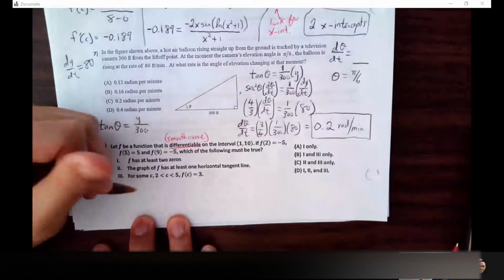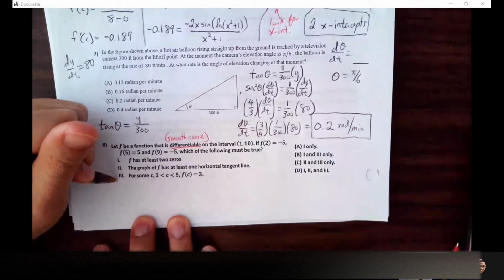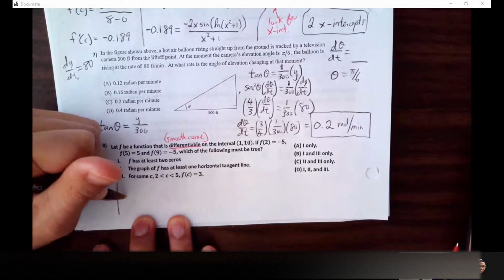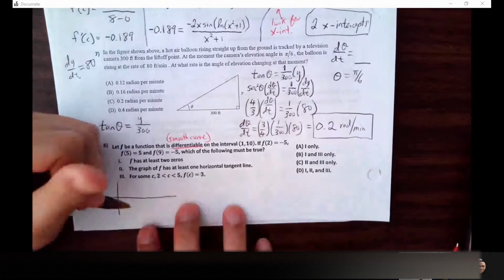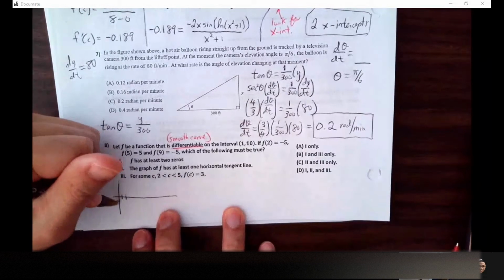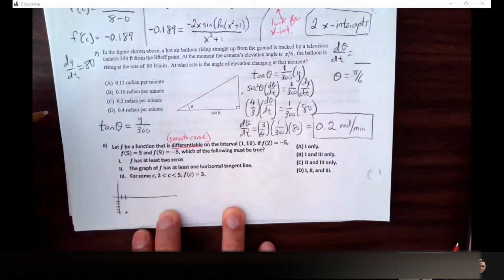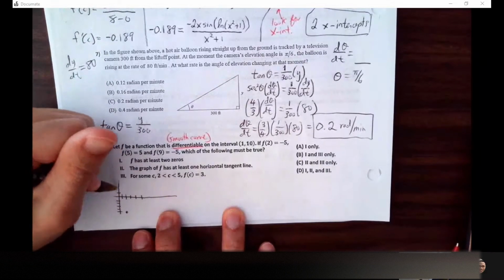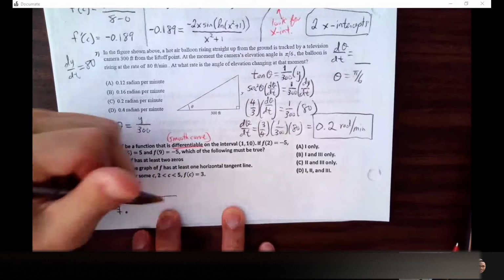So I have 2, -5. I have 5, 5. And then I have 9, -5.